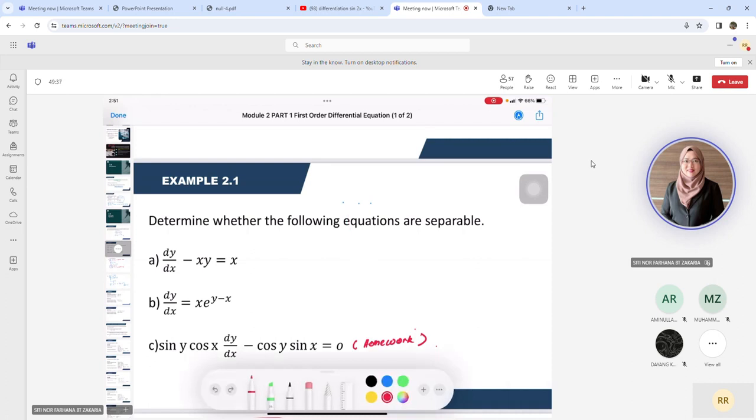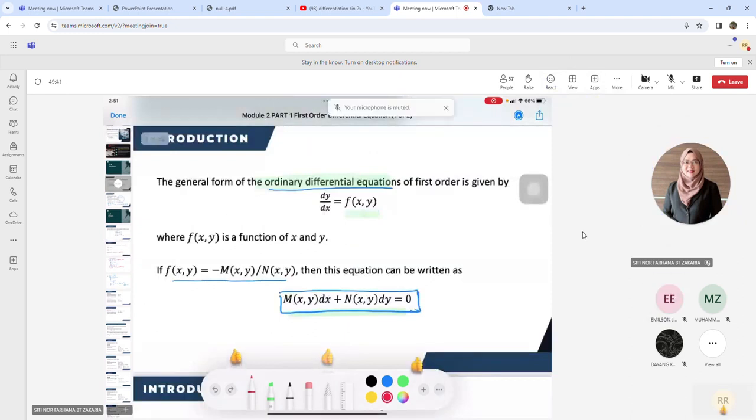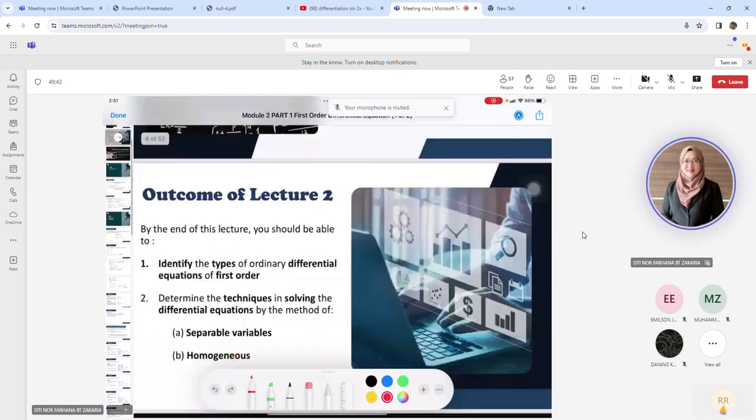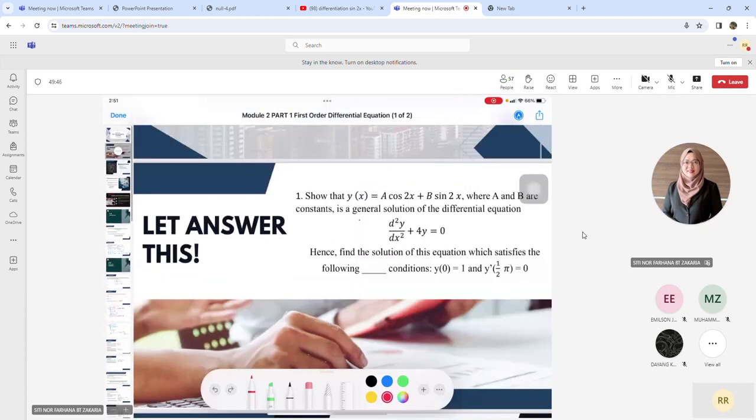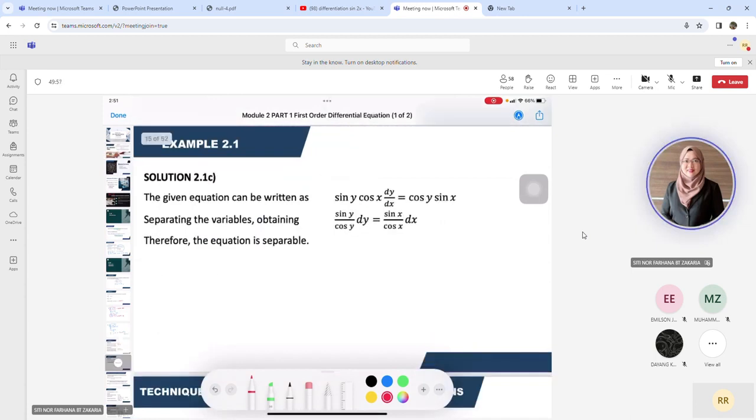Agree? Agree. Okay. This one also homework. Actually dah ada dah solution dia dekat bawah slide lecture note. Cuma please provide me the full jalan kerja, okay? Your solution.